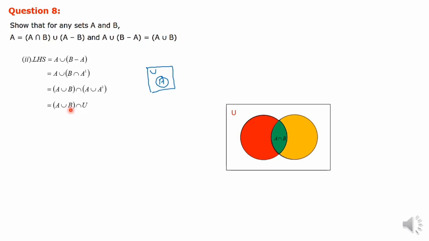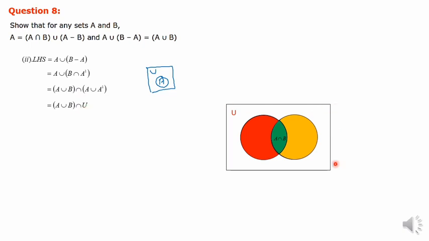So A union B intersection U. Instead of A union A dash we have marked U. So now it becomes A union B intersection U. Again, by using this diagram we will show A union B. A union B means two circles together. Intersection means common with this universal set.